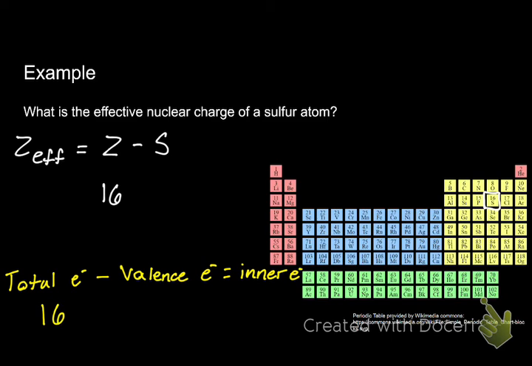Because sulfur is in group 16, it is going to have 6 valence electrons. So what we're going to get is 16 minus 6, which means our number of inner electrons will be 10. So 16 minus 10, we will get an effective nuclear charge of 6. And that will be our answer.